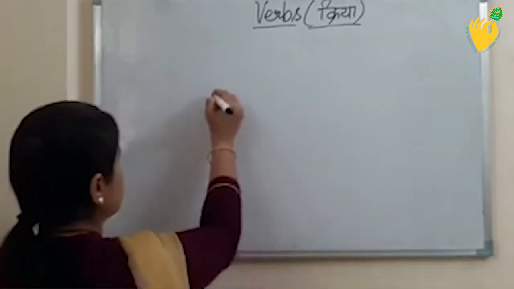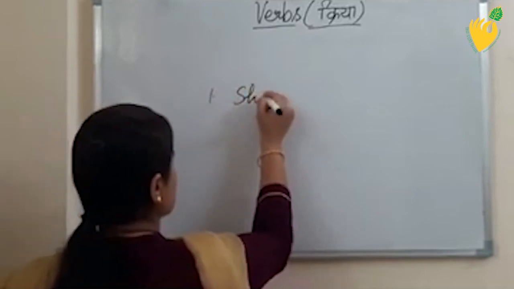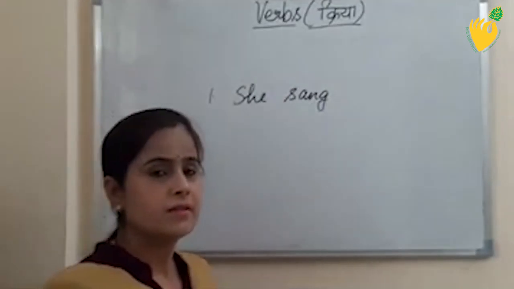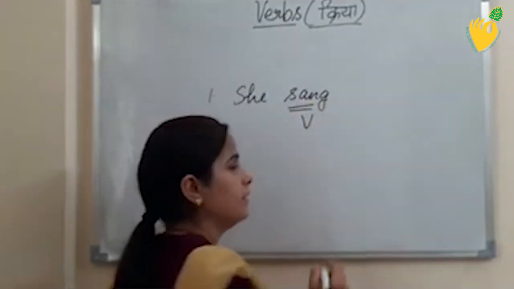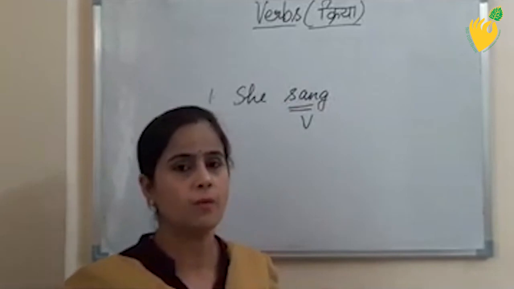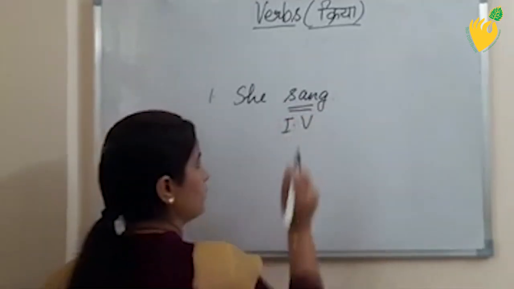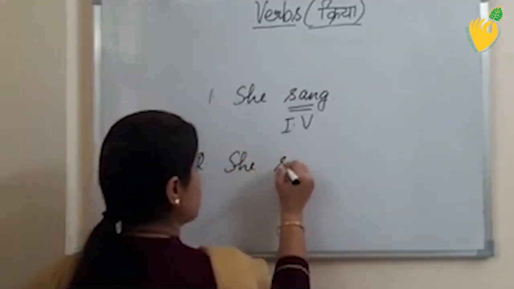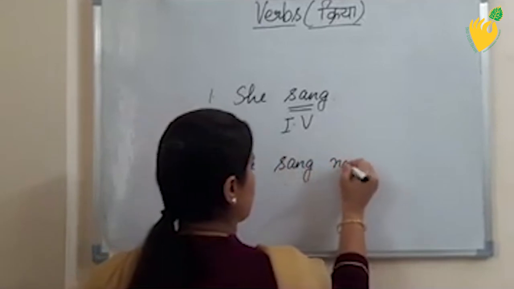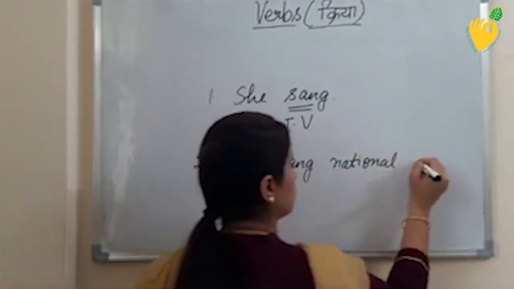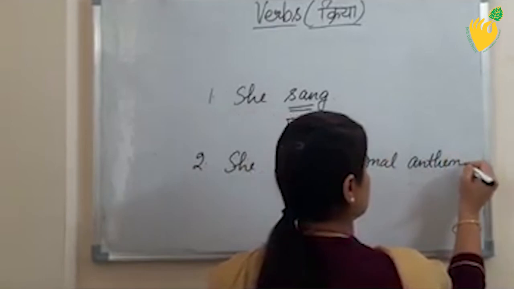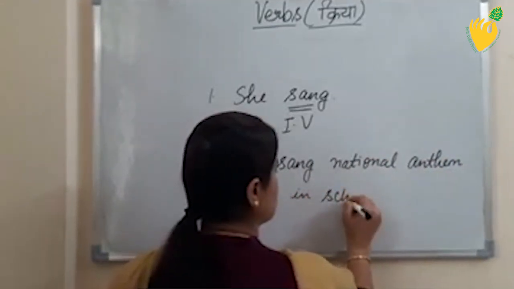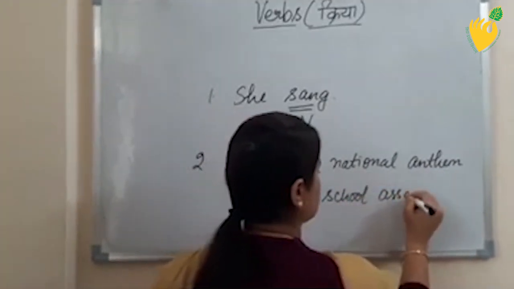For example, first sentence is, she sang. In this sentence, sang is the verb and it is giving complete meaning without any object. So it is an intransitive verb. Next example is, she sang the national anthem in school assembly.